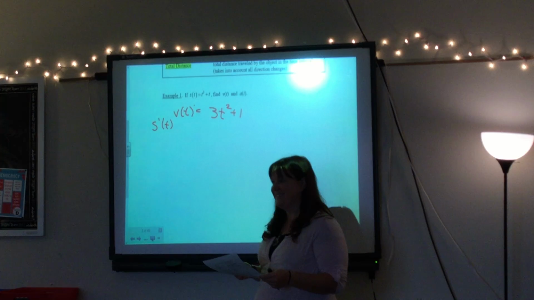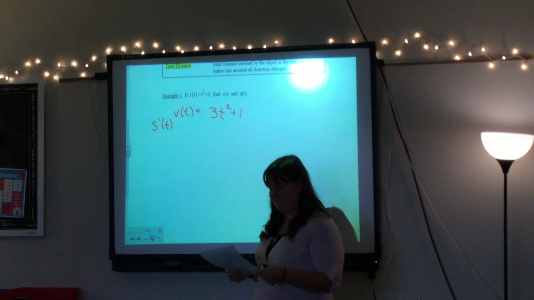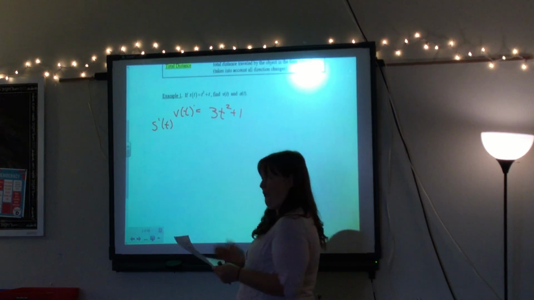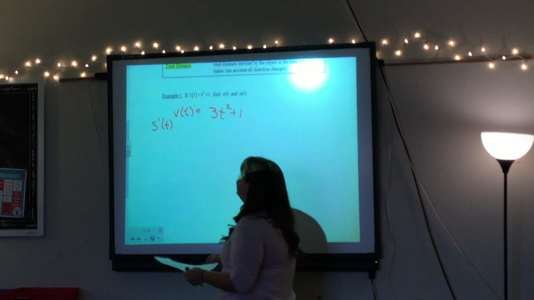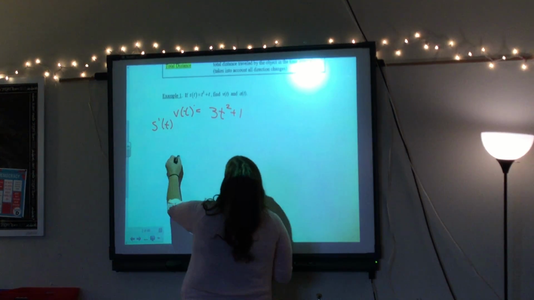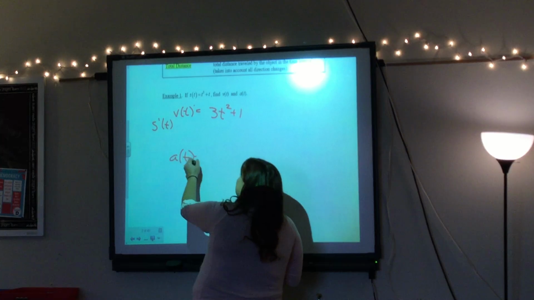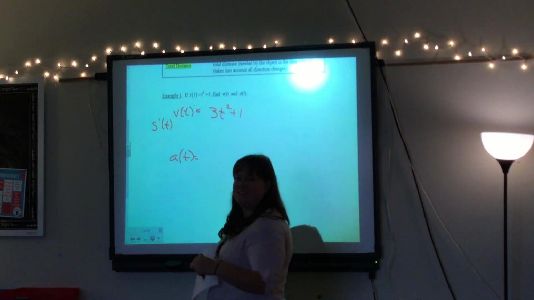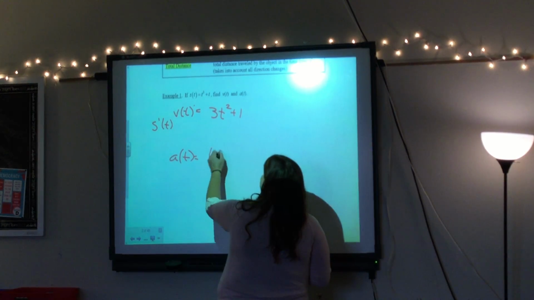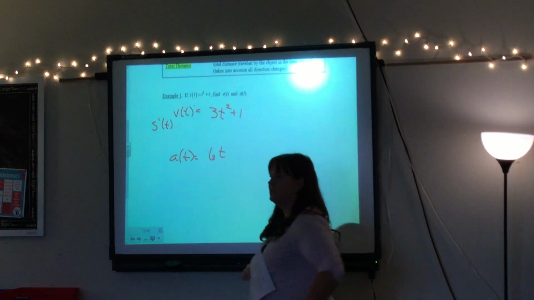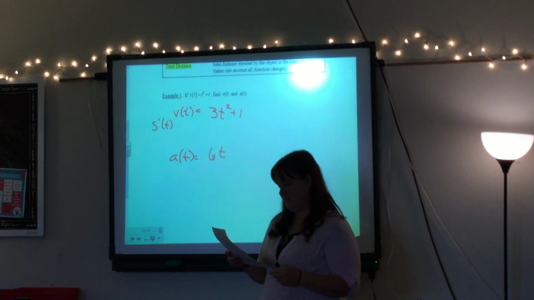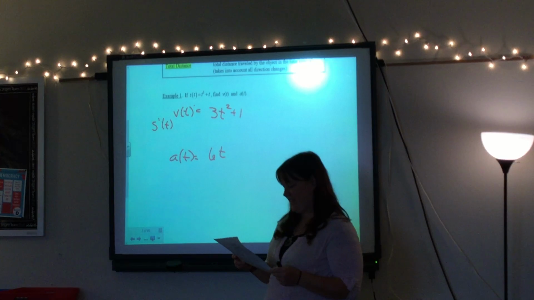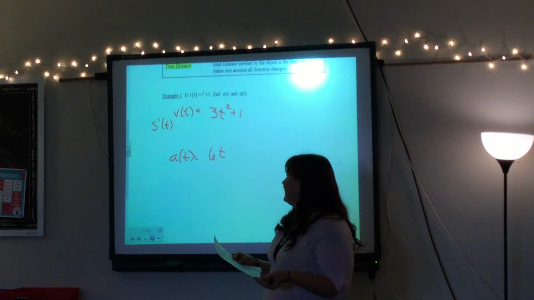But is it going to get way worse? Okay. Acceleration, what's the acceleration? 6t, because it's the second derivative. So a of t equals 6t. That's it.